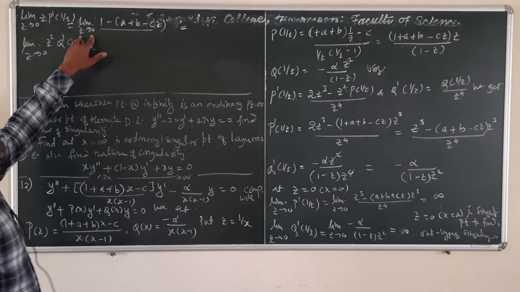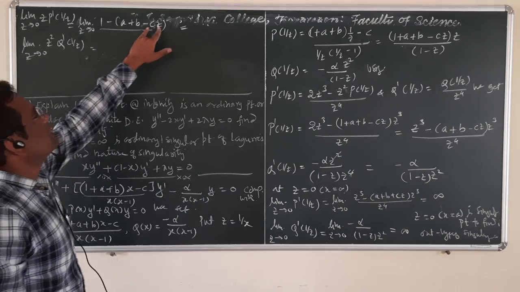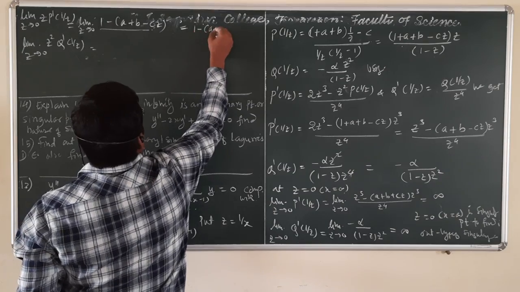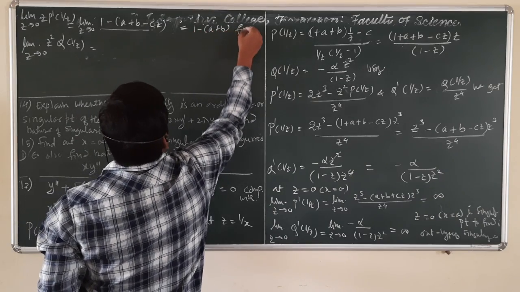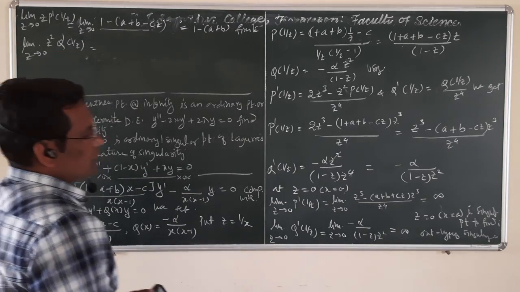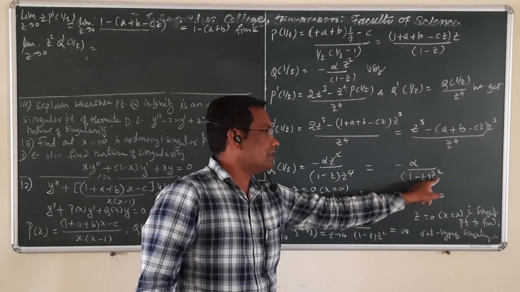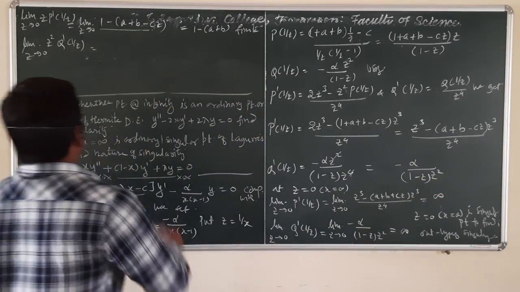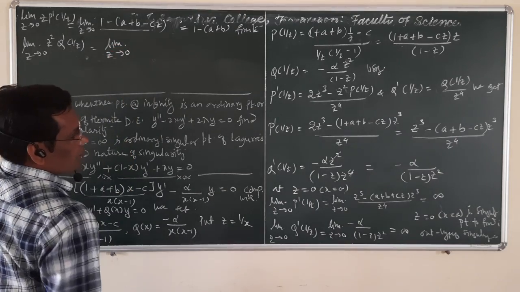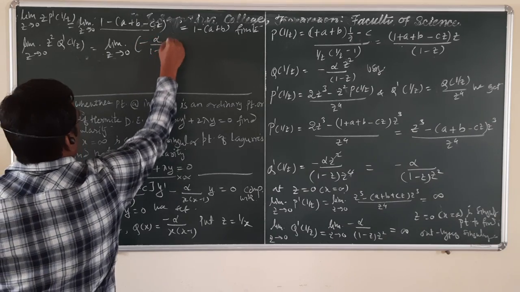If you put the limit as z tends to 0 in this equation, the cz term becomes 0 and we get 1 minus (a plus b), and this term is finite. Similarly, z square q dash of 1 upon z: if you multiply this term by z square, the z square gets cancelled and we get limit as z tends to 0 of minus alpha divided by 1 minus z.